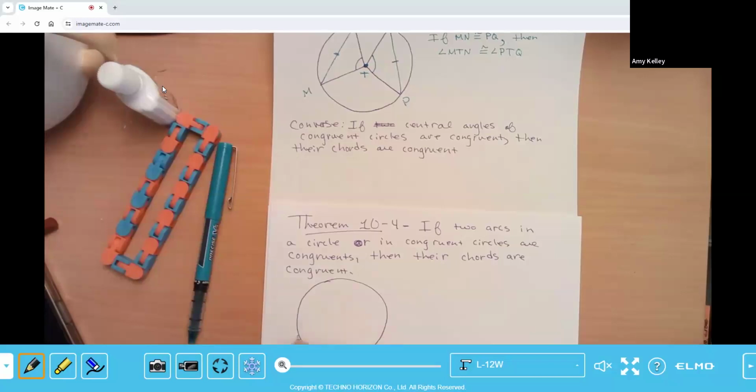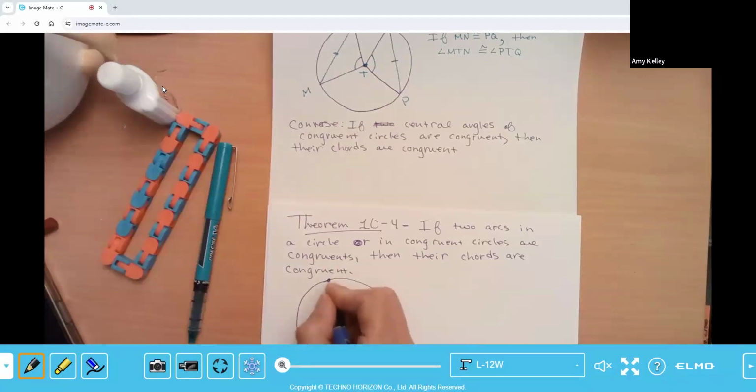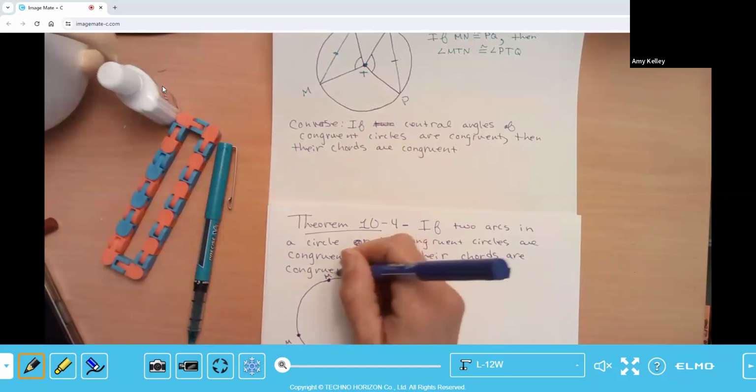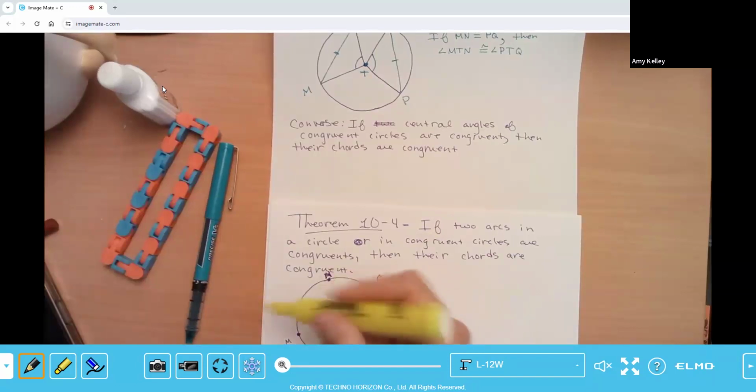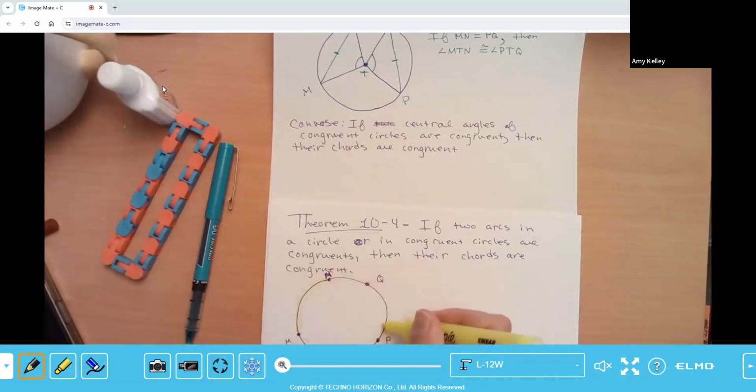just label them MN and PQ again. Maybe we have arc MN right here and arc PQ.